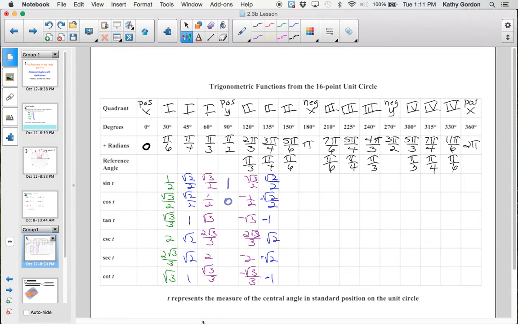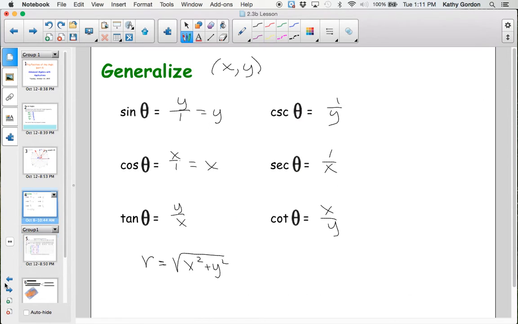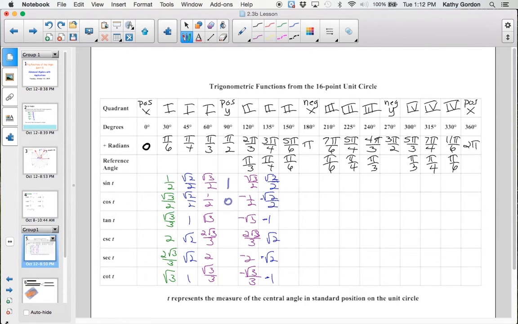Now what's tangent going to be? How do we find tangent? Y over x. So what was my y value? What was my x value?